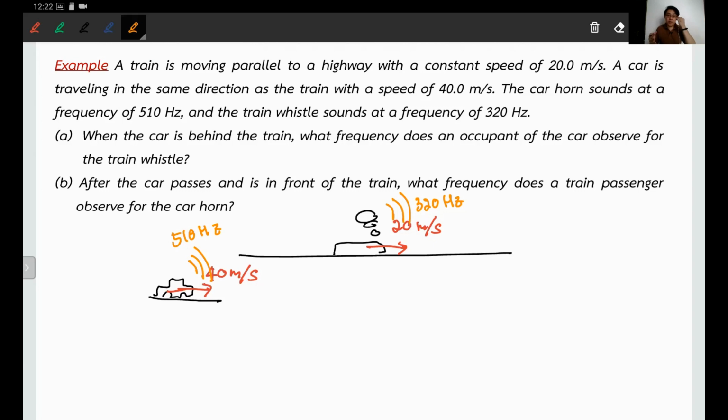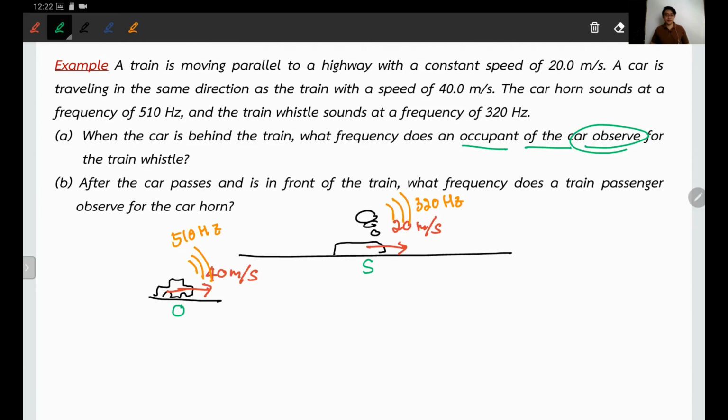The key point is that you have to be specific about who is the observer and who is the source, because right now they're both generating sounds. For part A, they're talking about the occupant of the car observing the sound. So the observer is right here, and the source we are talking about is the whistle sound. So the source is with the train.